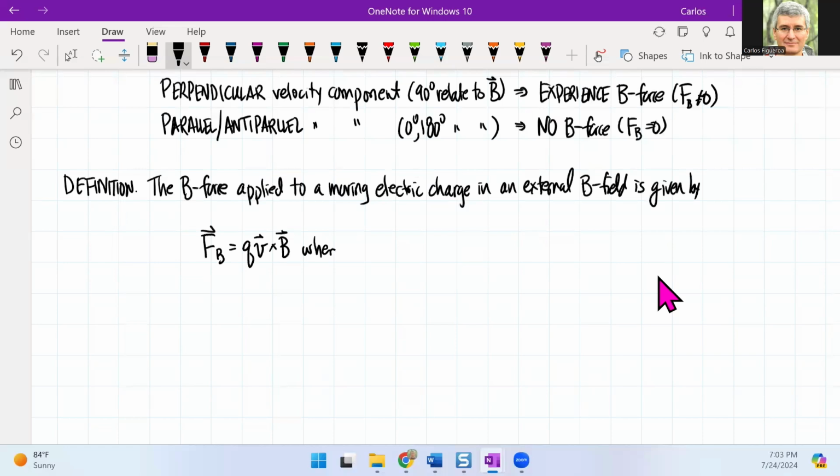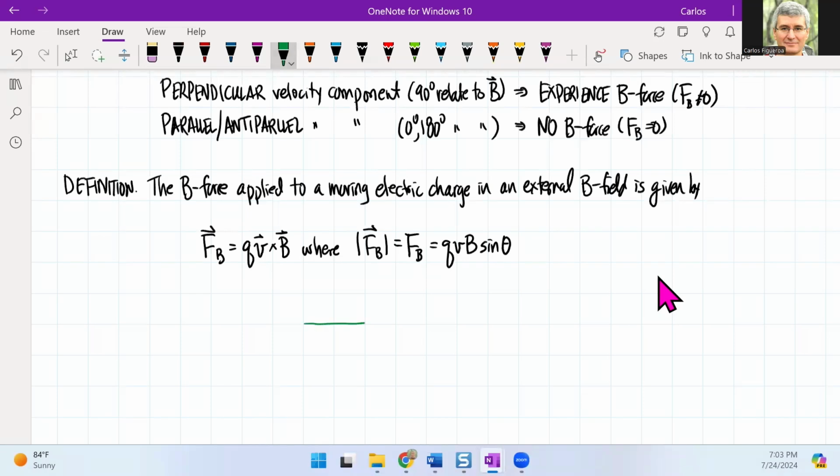where the magnitude of the magnetic force is then going to be qvB sine of theta, where that angle is given by this.